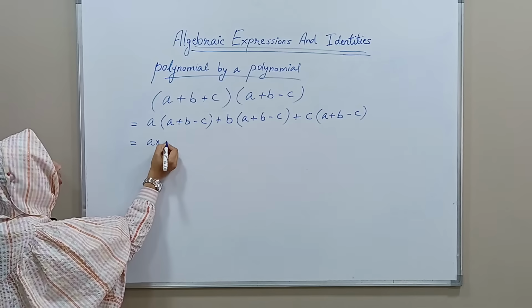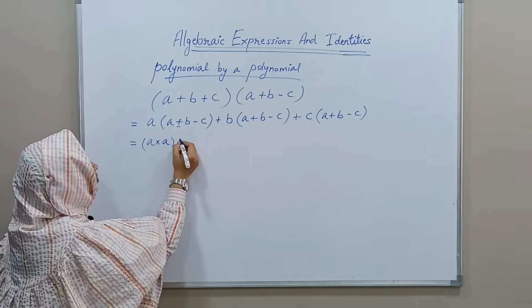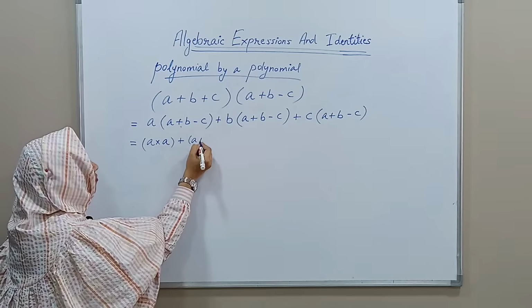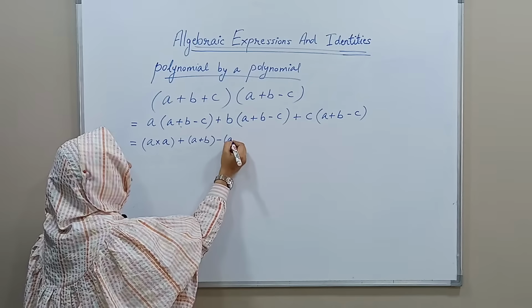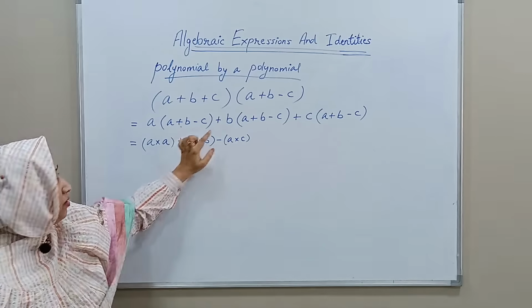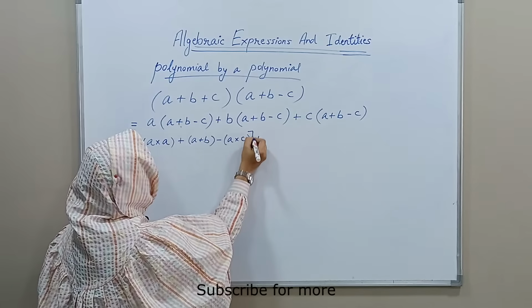Then we have a plus sign, then a into b. Then we have a minus sign, so minus a into c. We have simplified the first part.